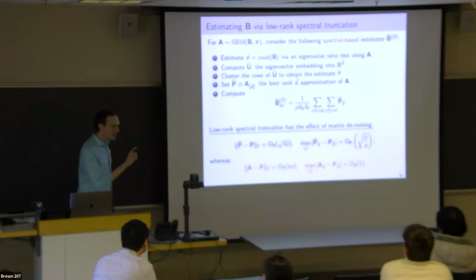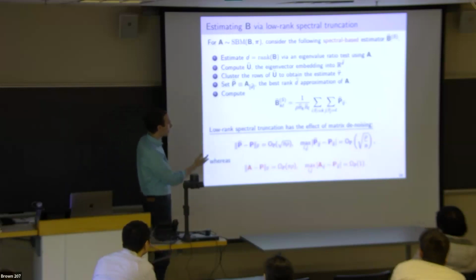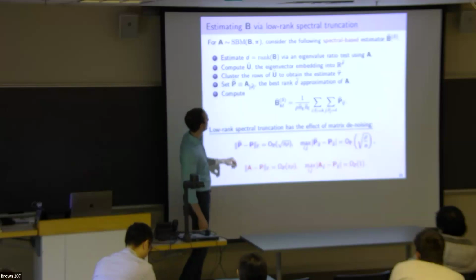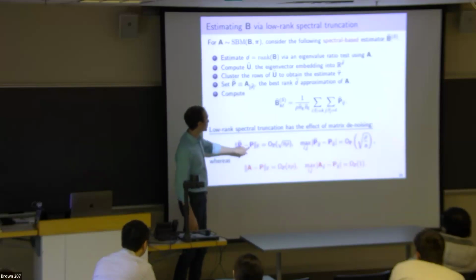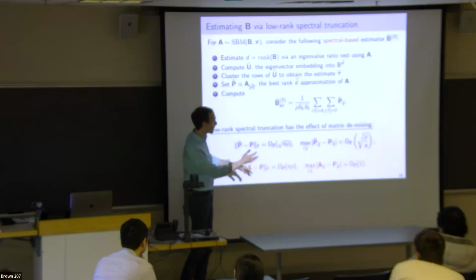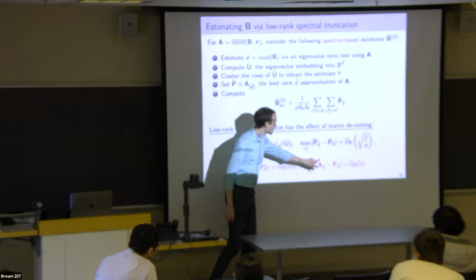I mentioned denoising at the beginning of the talk. One way to see that briefly in math notation is that the low rank truncation of A, which I'm denoting by P hat, can be closer to the ground truth P, here the expectation, than the original data matrix A. This can be quantified in concentration, both in Frobenius norm and in max absolute entry norm.